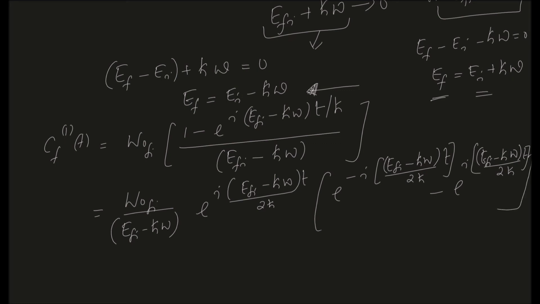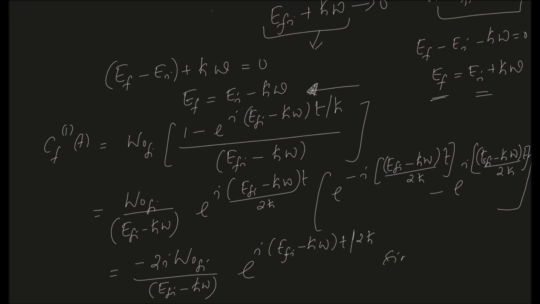So this can be simplified. If you simplify it, this can be written as minus 2i omega_0 Fi divided by (E_f - E_i - ħω), e raised to i (E_f - E_i - ħω) t by 2ħ.